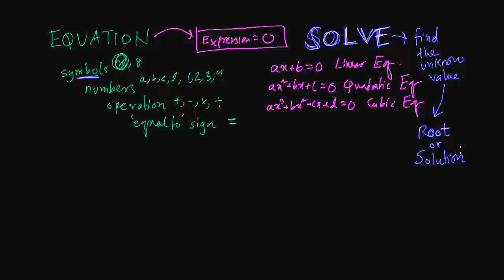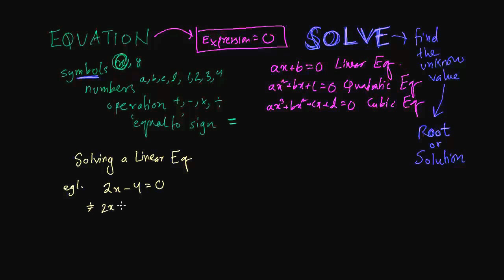Now the question is, how do you solve it? So let me give you an equation, a linear equation, instead of calling it a linear polynomial equation. When you have a linear equation like 2x minus 4 equals to 0, all you do is send all the numbers to the right hand side.